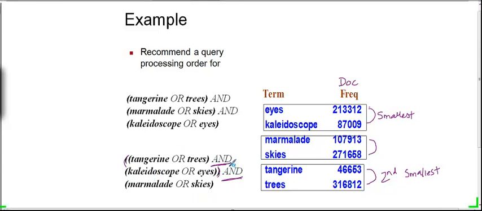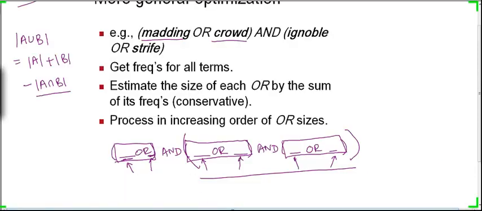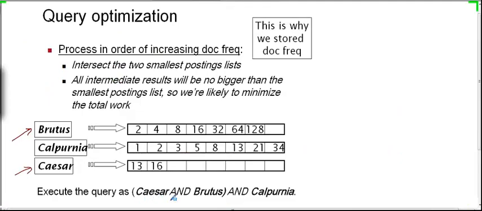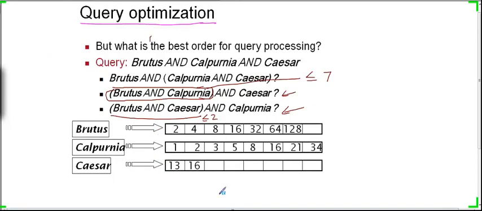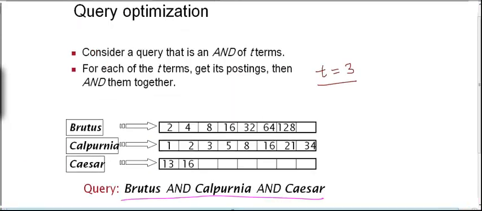But we are talking about these two AND operations. Ultimately, after taking these three OR operations, you have these two AND operators, just like we had in this query. So the difference here is that instead of having single terms, each of these three operands is an OR result.